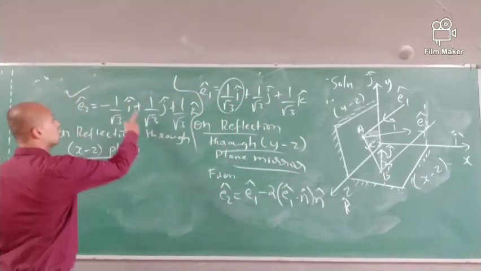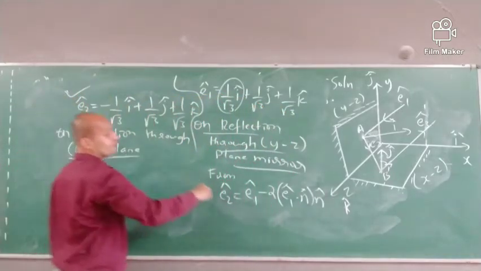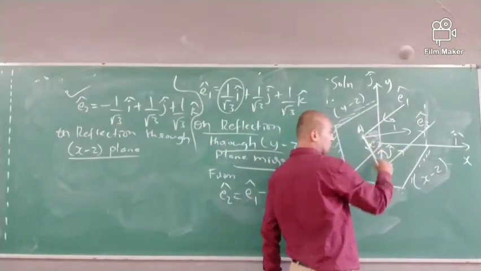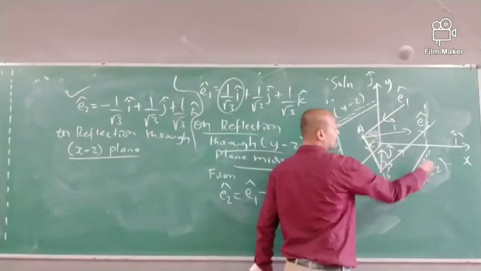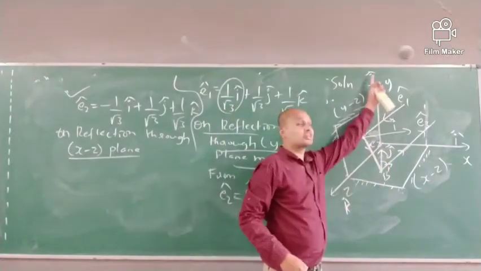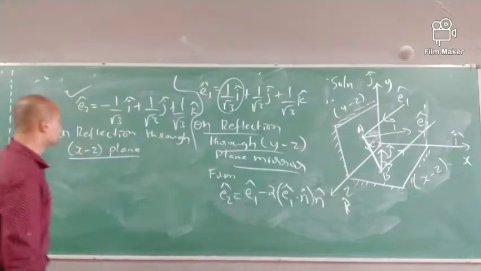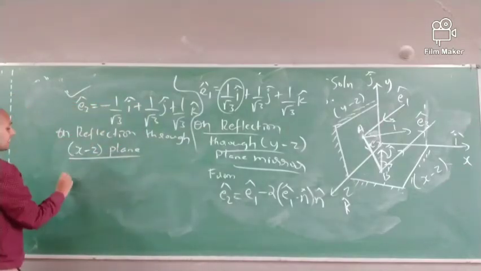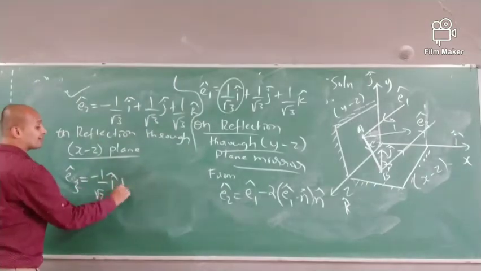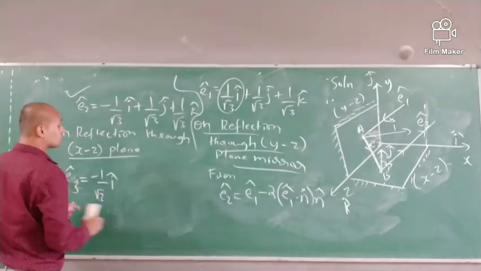Correct? So when the ray of light comes and gets incident here and is reflected back from the XZ plane, which component of the ray is going to change? The J cap component is going to change. So I can write this. This is the incident ray. So E3 will become minus 1 by root 3 I cap, which is not going to change, but the J cap component is going to change.